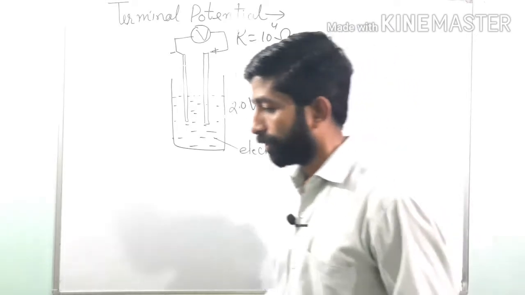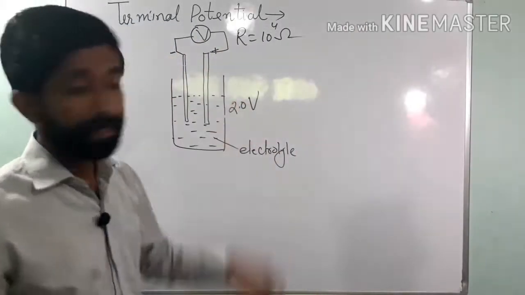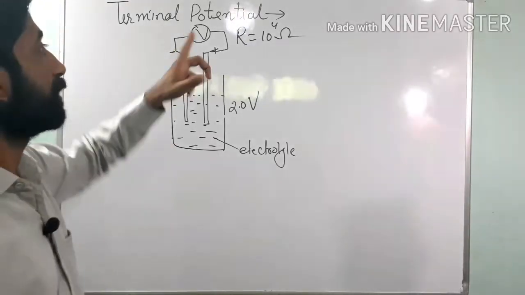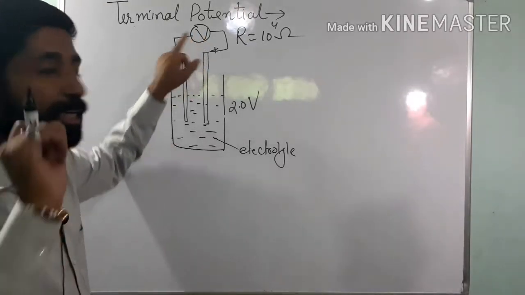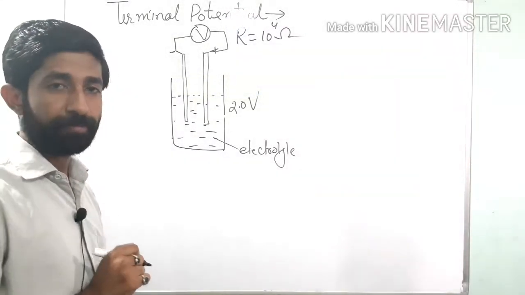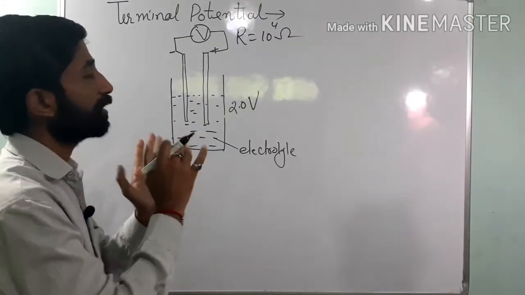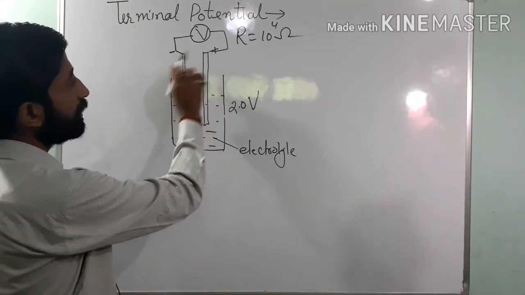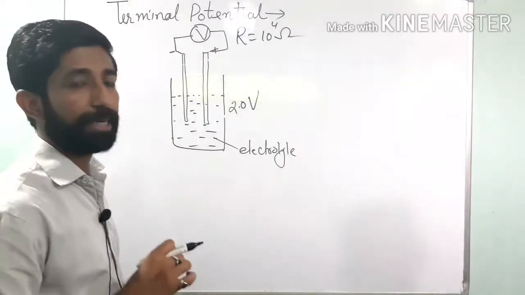Okay, so for now there is no current in the circuit, but this device, the voltmeter, shows a little bit of deflection, and that deflection is known as the potential between the negative terminal of the battery and the positive terminal of the battery.